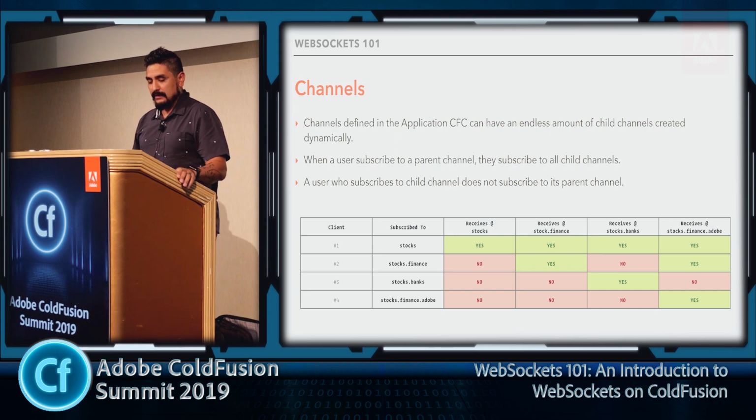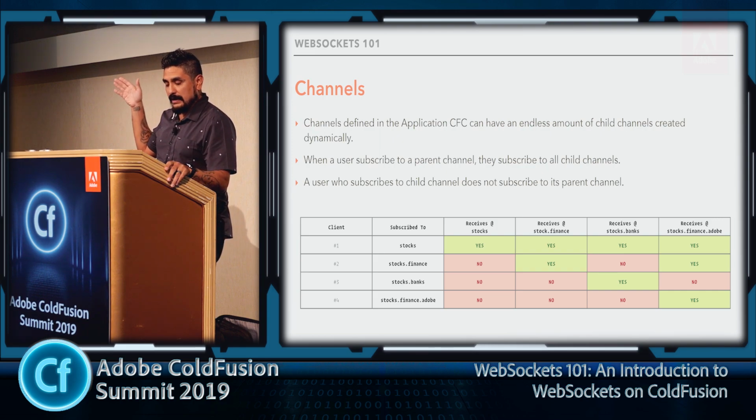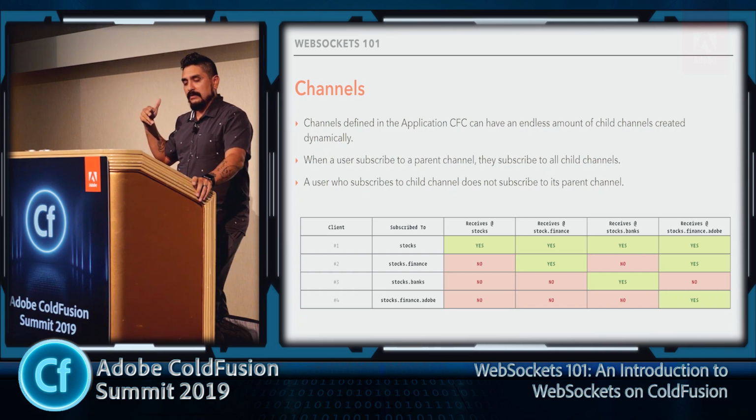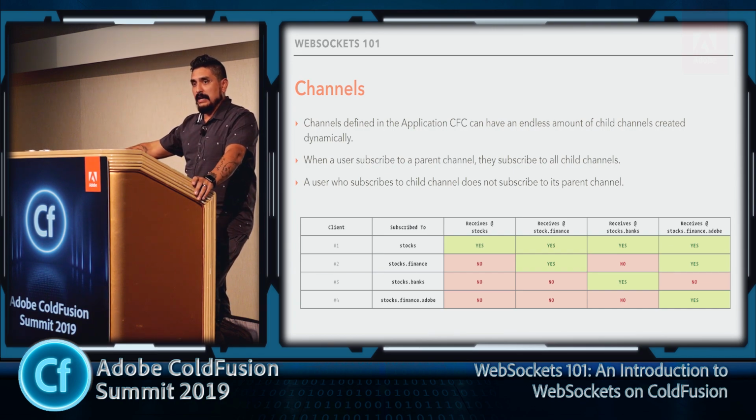So I have 4 clients. The client on the top is subscribed to stocks. And they receive messages for stocks, stocks.finance, stocks.banks, stocks.finance.adobe. Right? You can create these on the fly. The second client is only stocks.finance, so they're only going to receive messages for the second column, which is stocks.finance, and they're going to receive messages for the child one.